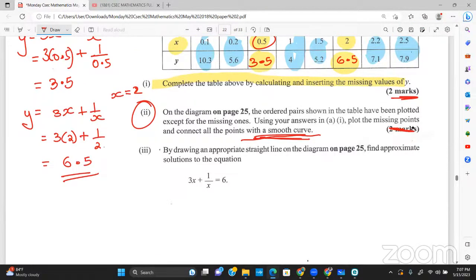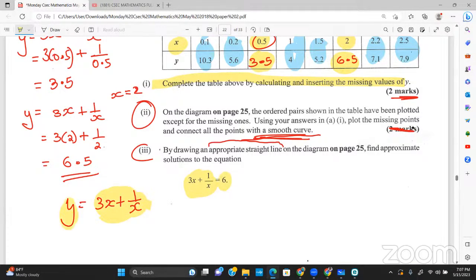Now, the third thing is, they say, by joining appropriate lines, very important, see there? On the diagram, find approximate solutions to 3x plus 1 over x equals 6. Remember, y was equal to 3x plus 1 over x. Y is equal to that. You do notice that this is the same thing, except this 6 took the place of the y.